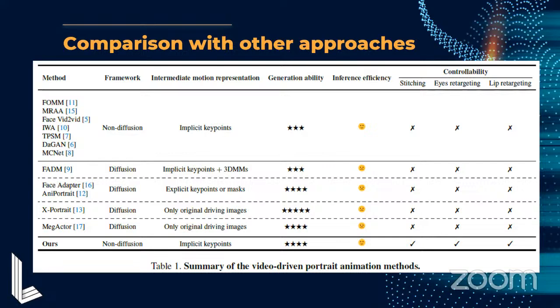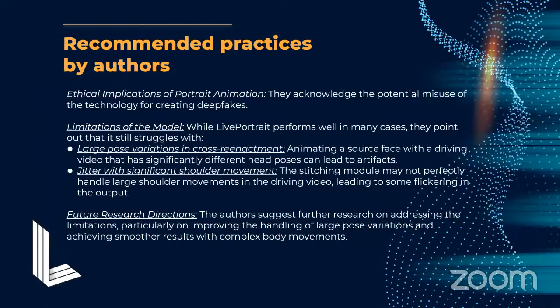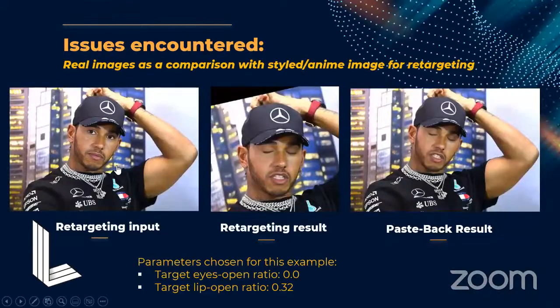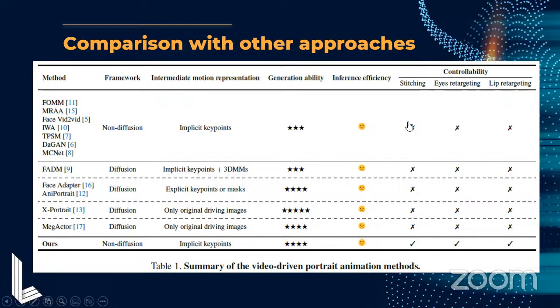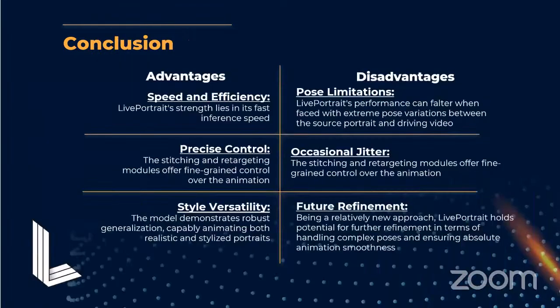As we can see, you can basically close the eyes of the person. You can open up the mouth of the person, which is pretty natural and useful in my opinion. But others do not have this kind of interface, while LivePortrait certainly has.